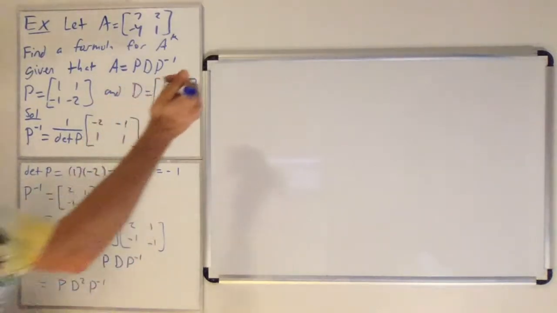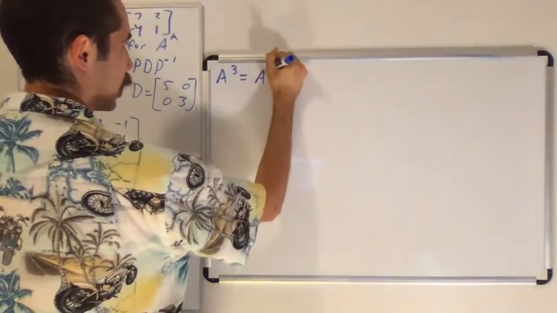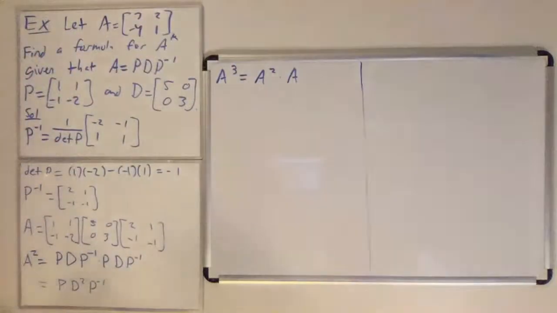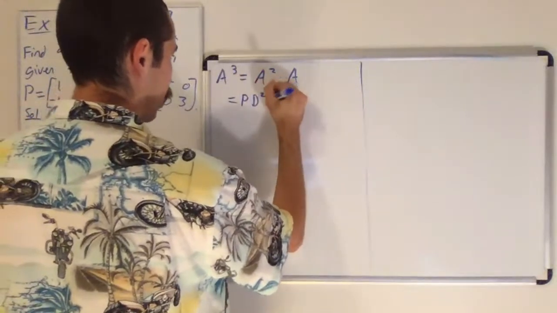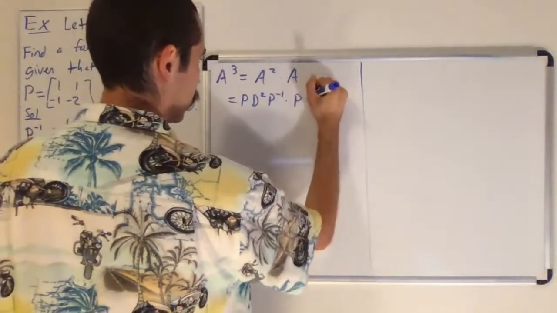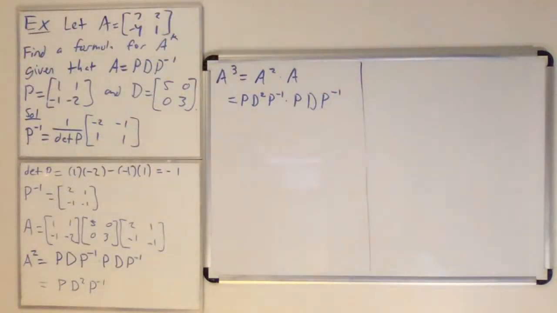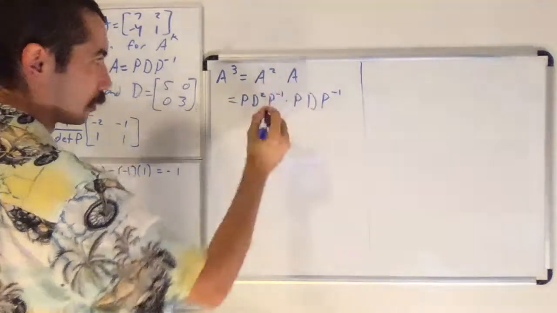We could continue finding A to the third. Well, that's just A squared times A. Which is P D squared P inverse times P D P inverse. And again, look, the P inverse and the P cancel out.